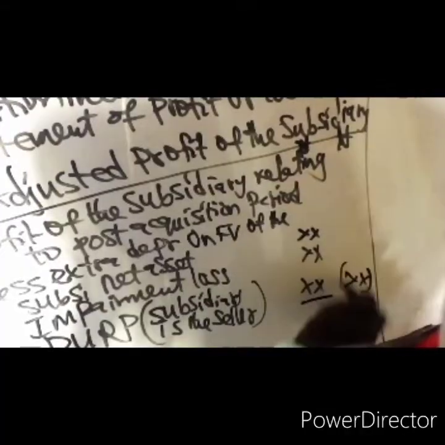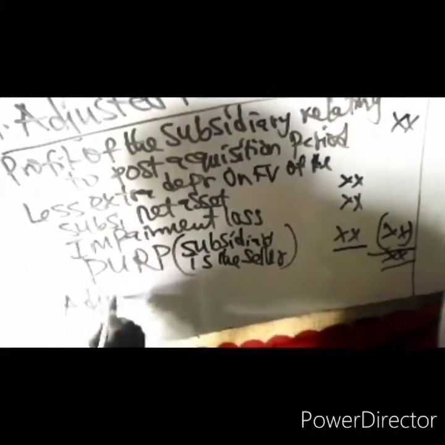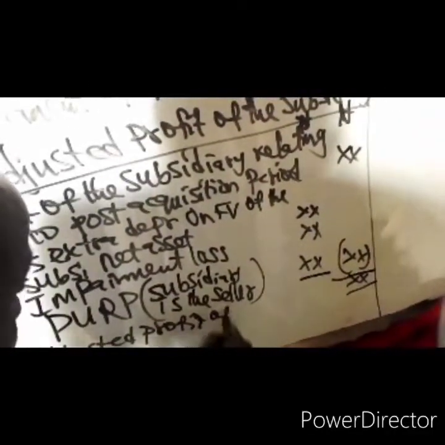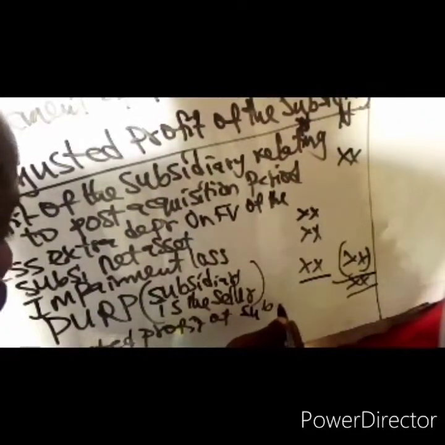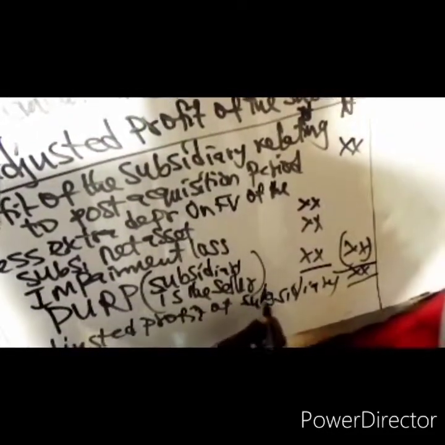After this adjustment, when you deduct this from profit for the year relating to post-acquisition period, then you get the adjusted profit of the subsidiary. On this adjusted profit, you now apply the NCI percentage to get your NCI.